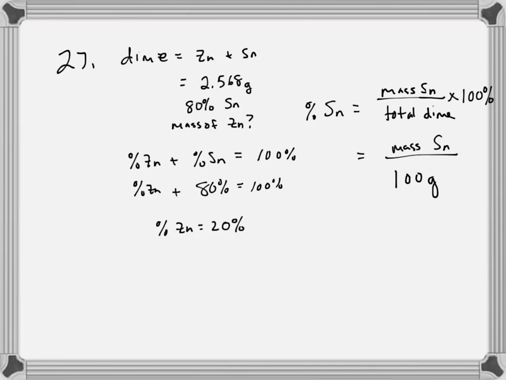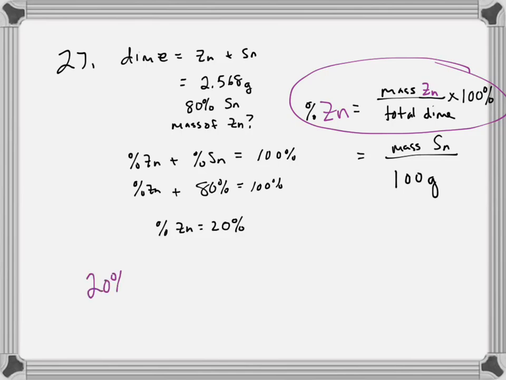Right? This again comes back to now our mass over the total mass. Okay? So that would be using this guy up here, except now instead of it being tin, we'll make it zinc. Well, I know that 20% equals the mass of my zinc divided by the mass of my dime times 100%, or times 100.